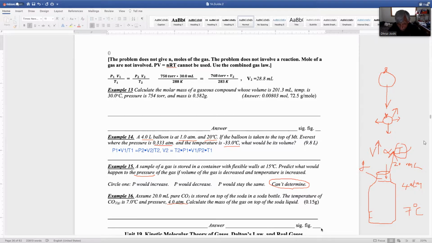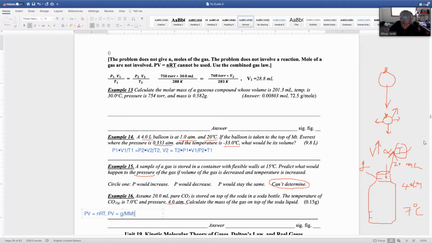Now, this is one of the questions where we have grams. There is one equation where we have grams, and that's a particular form of the ideal gas law. The ideal gas law says PV equals nRT, but n equals grams divided by molar mass. So PV equals nRT, and PV equals (grams divided by molar mass) RT.